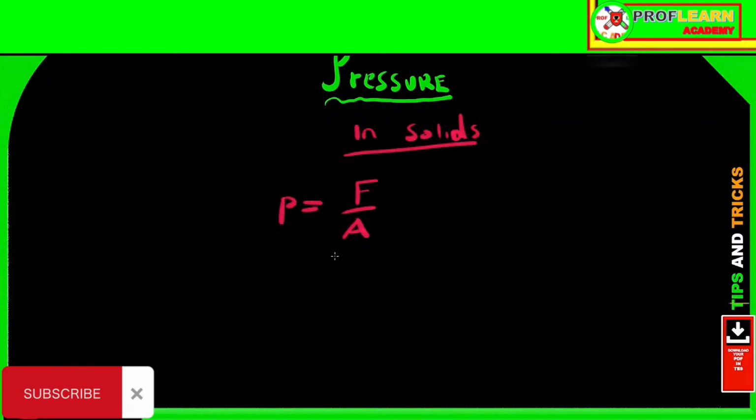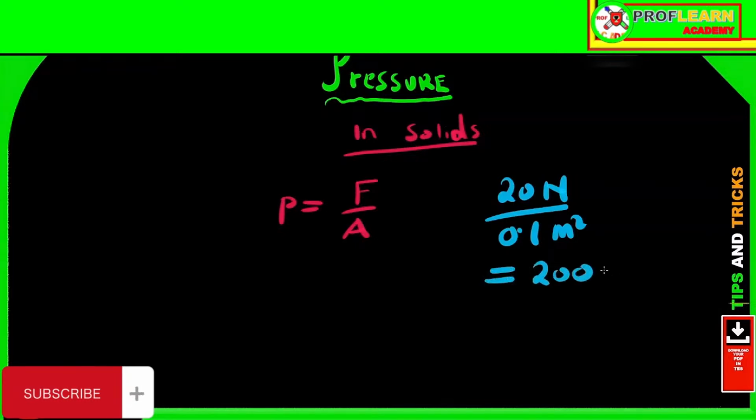Meaning, if you are given a force of 20 Newtons and the area in contact is 0.1 square meters, then you are going to calculate your pressure to be 200 Newtons per square meter. This is also known as pascals.